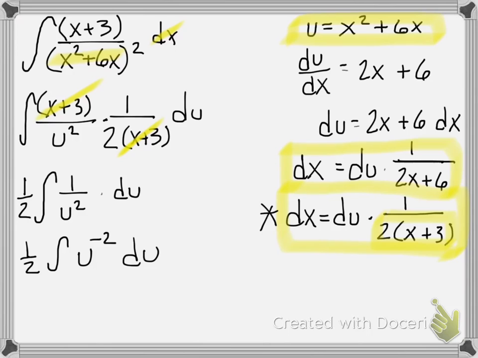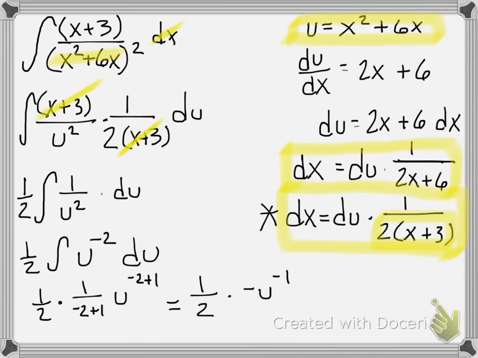And so then that'll be 1 over 2 times, look at the n, which is on the u, so it's going to be negative 2 plus 1 times u to the negative 2 plus 1, and the du goes away. So we're going to have 1 over 2 times negative u to the negative 1.